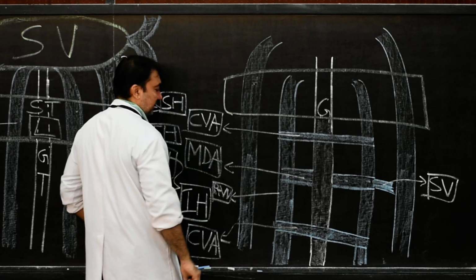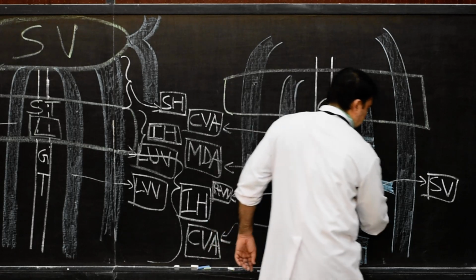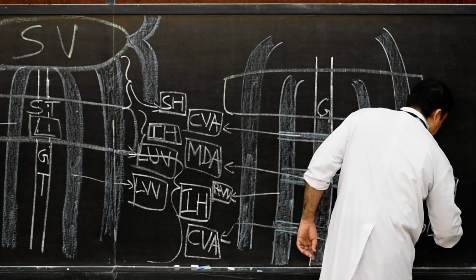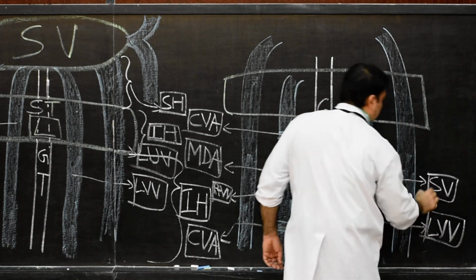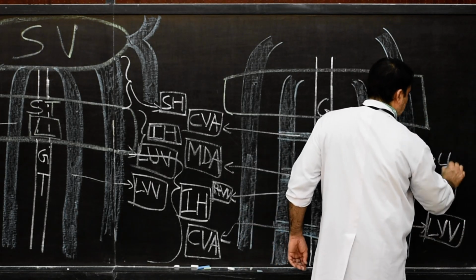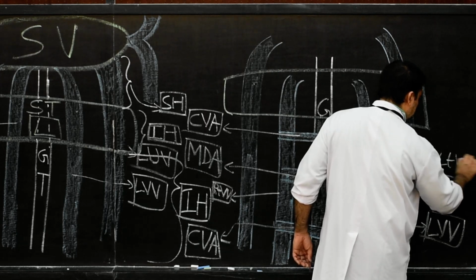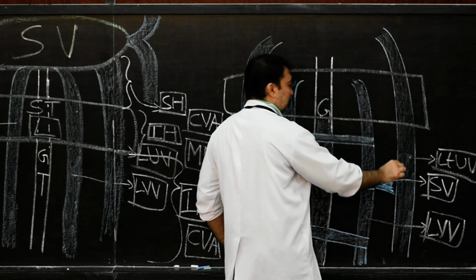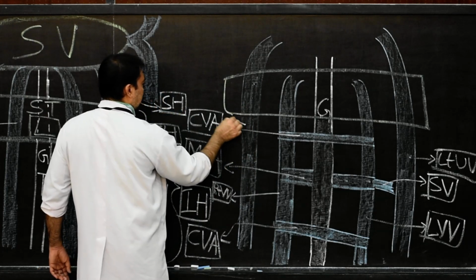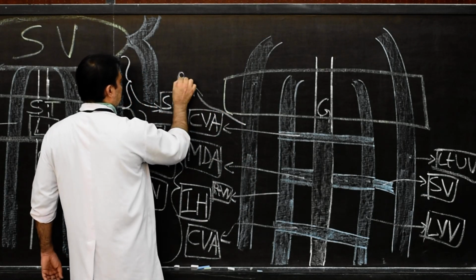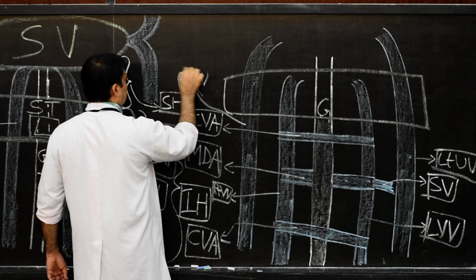Please note down, right vitelline vein, and also this is important. This we will mention as the left vitelline vein, and we will mention this as the left umbilical vein, and this segment we will mention as the right umbilical vein.